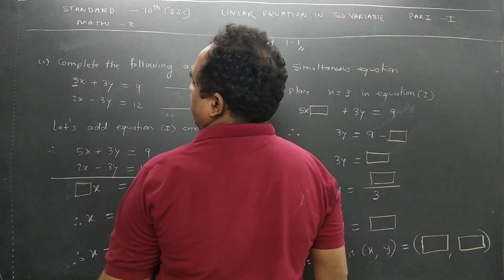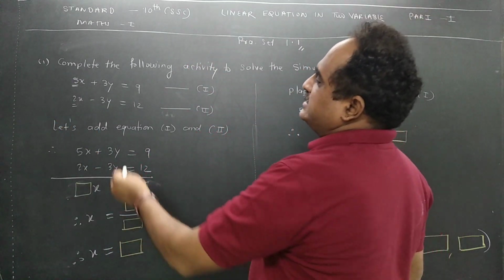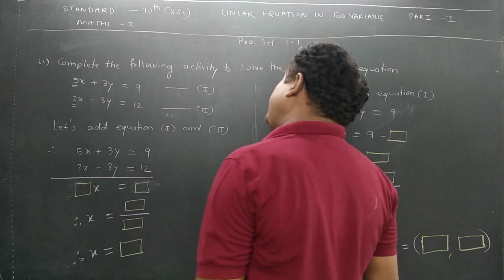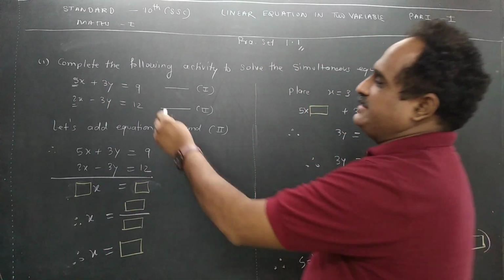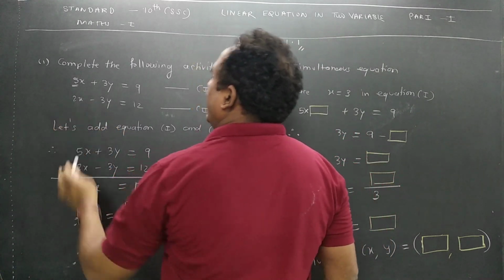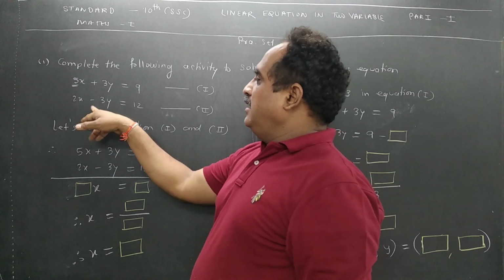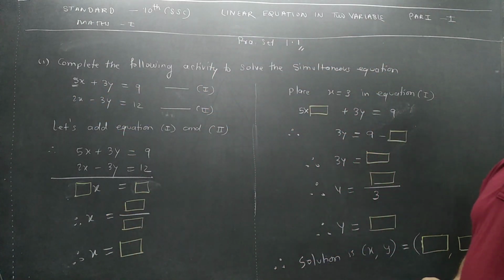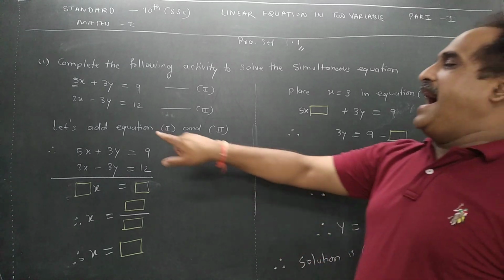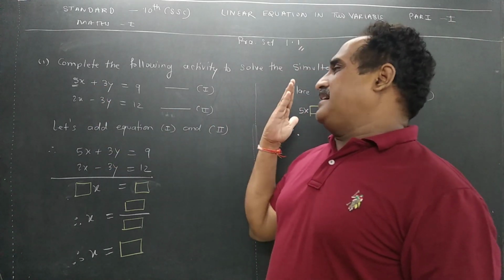Coefficient of x कितना है? 5 है. इसका कितना है? 2. What about this 3 and 3? If it is same, correct ना? It is 3y and 3y. नहीं है तो same करो. And if it is same, what do you do? You have to see the sign, plus and minus. Where is the different sign? I told you that we have to add the equations, and if it is the same sign, we have to subtract the equations.